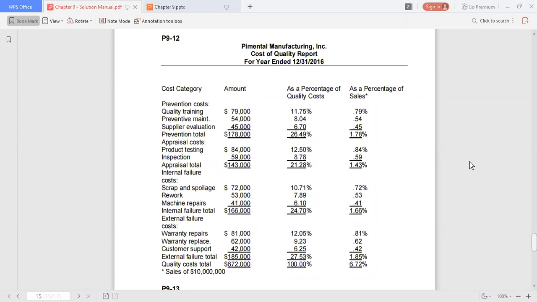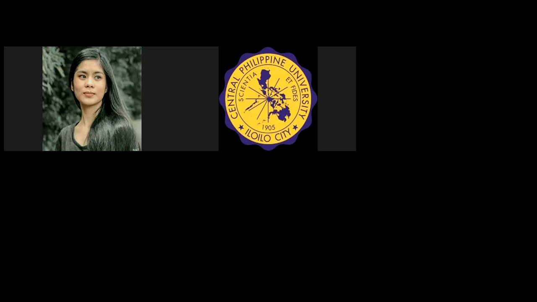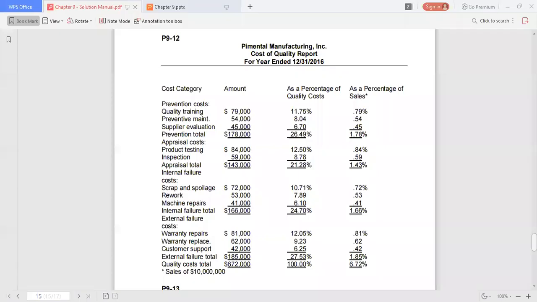And we have the total quality cost, 178,143. So we have now the amounts and the total sales as given of 10 million.